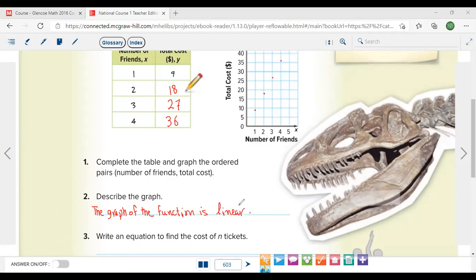This is how you can describe. Linear means they appear to be on the same straight line. So the graph of the function is linear.